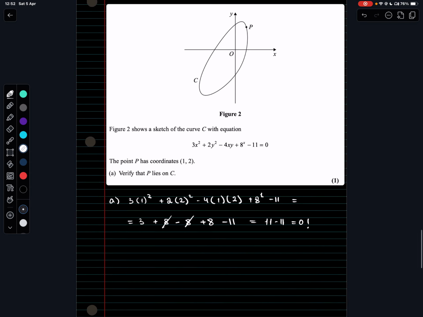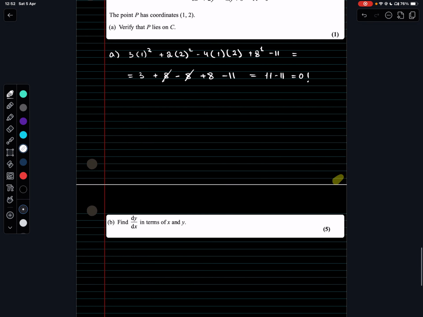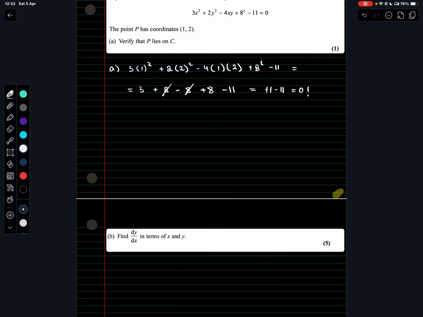Okay. So the second part of this question asks us to find dy over dx. Let me copy the equation here first: 3x squared plus 2y squared minus 4xy plus 8x minus 11 equals 0.